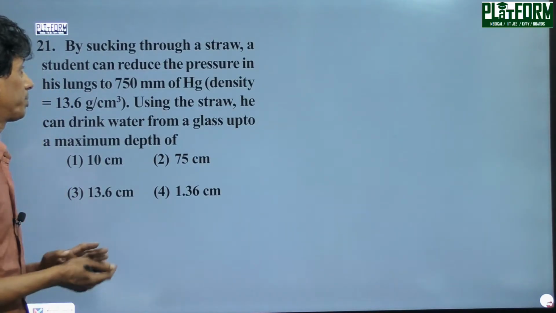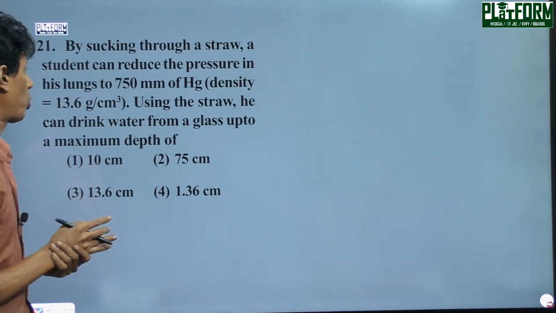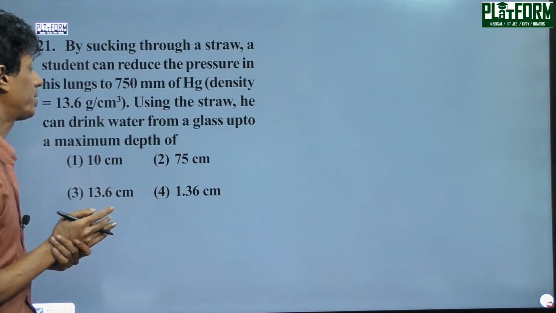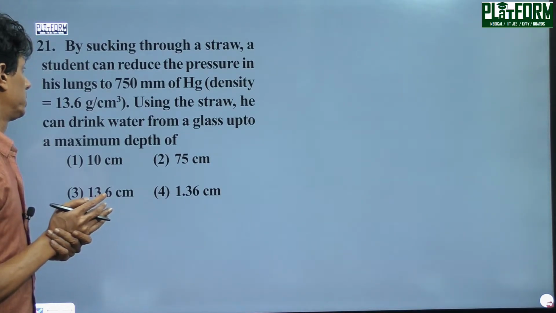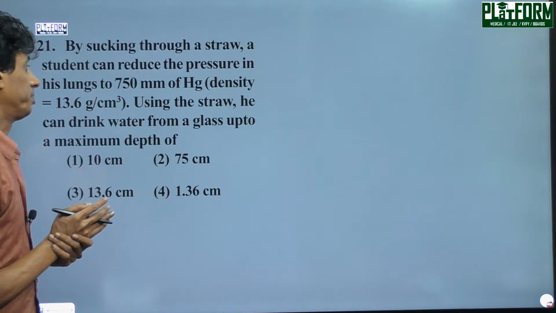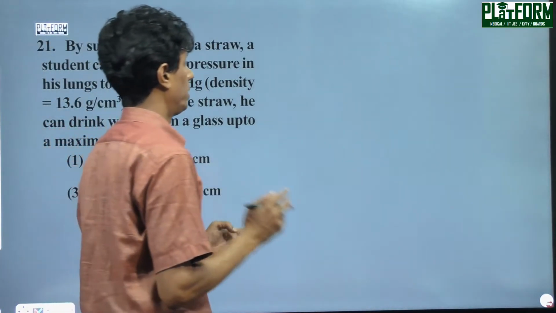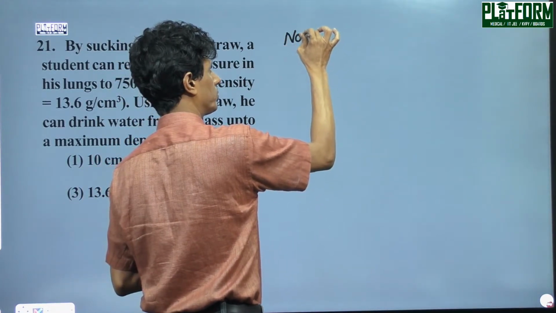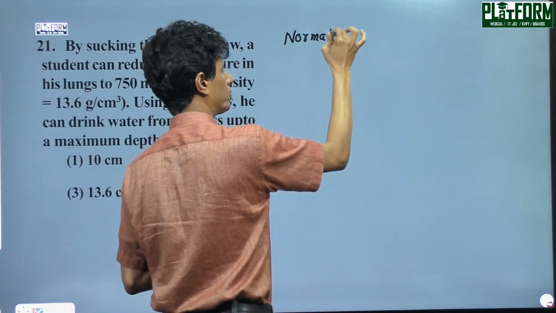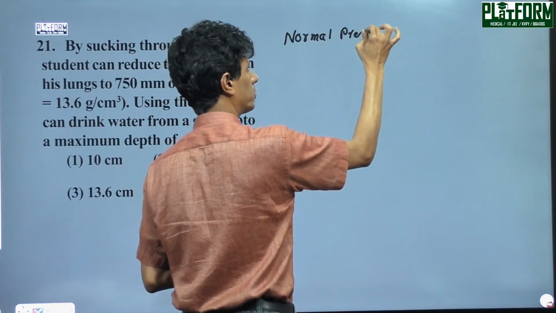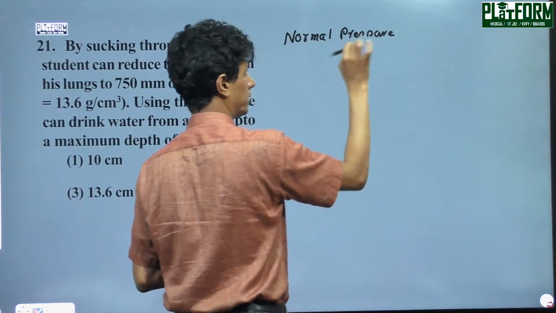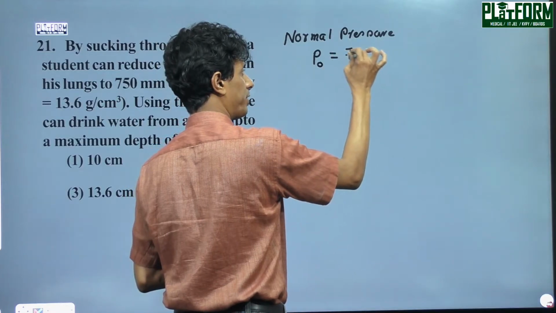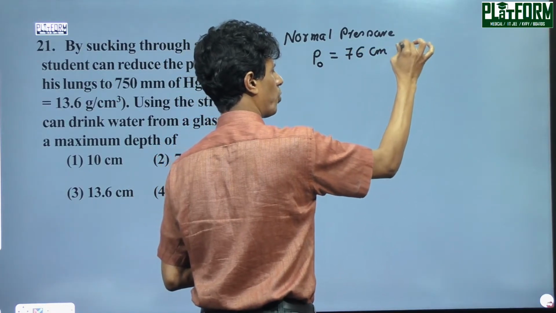Question number 21. By sucking through a straw, a student can reduce the pressure in his lungs to 750 mm of Hg. You know, normal atmospheric pressure P is actually 76 centimeter of Hg.